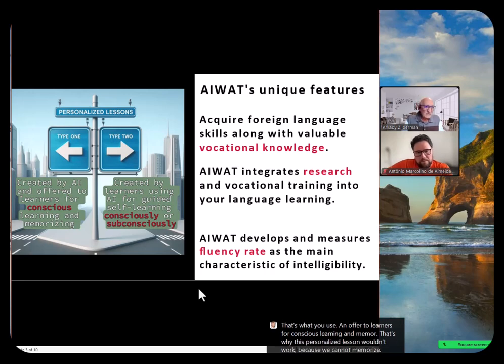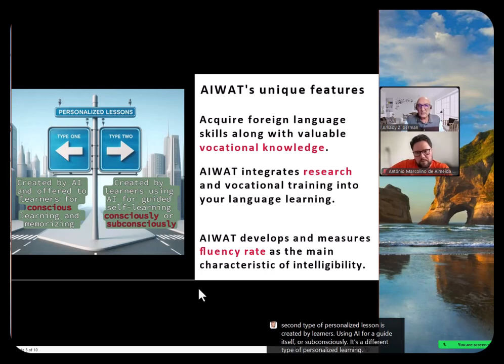The second type of personalized lesson is created by learners using AI for guided self-learning, consciously or subconsciously. It's a different type of personalized learning.